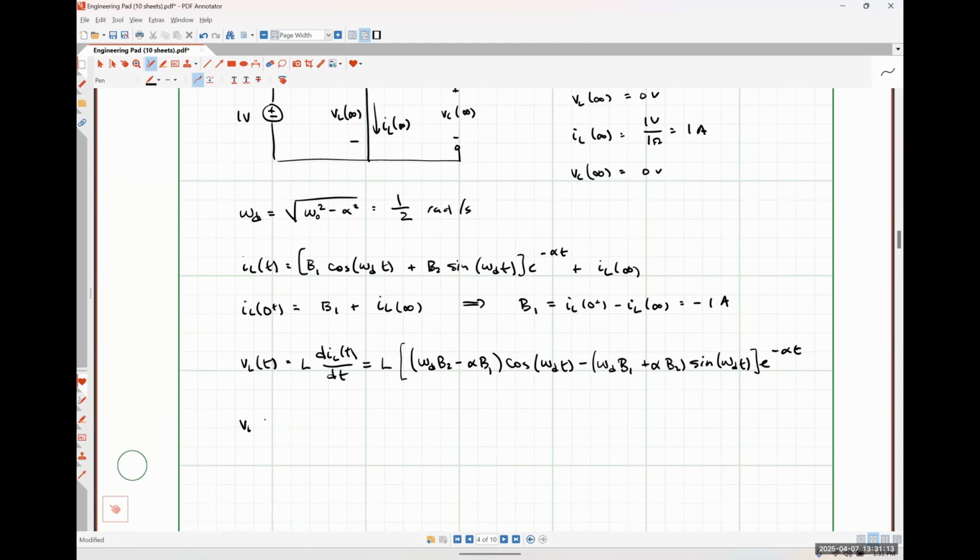And so VL at 0 plus is going to look like L times omega d B2 minus alpha B1, and all of the other terms are going to go to either 0 or 1. So that's the only thing that survives there.